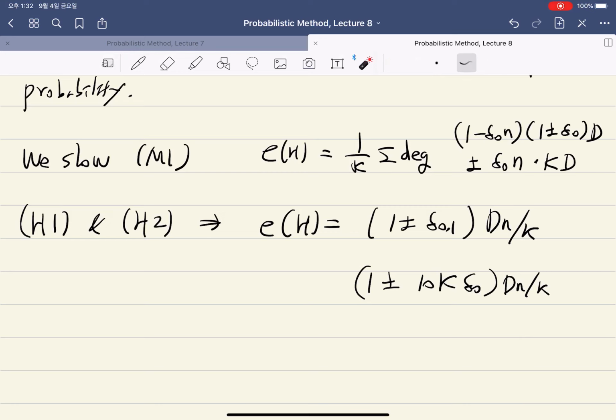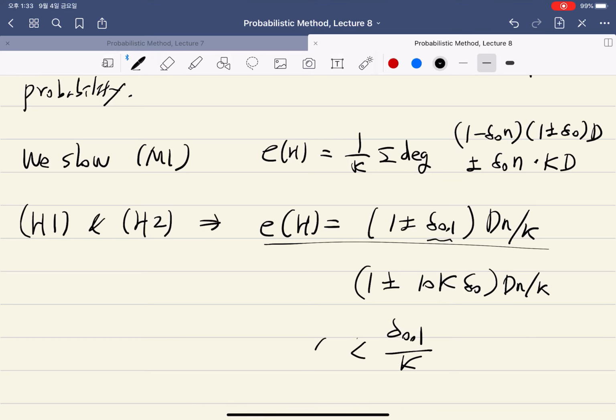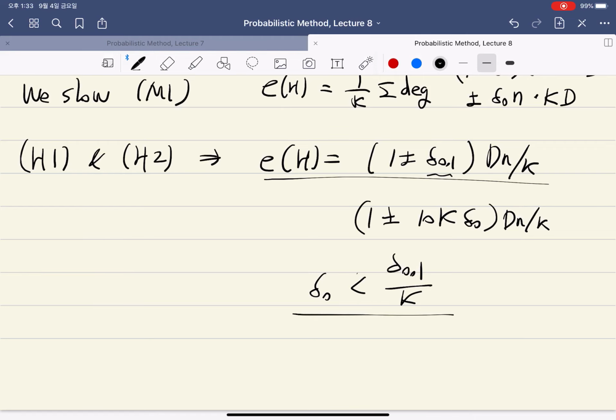But this number gets uglier every time we proceed in this computation, which is not so pleasant to see. So we simply replace this. This is still true as long as delta 0.1 times k over k compared to delta 0 satisfies this relation.